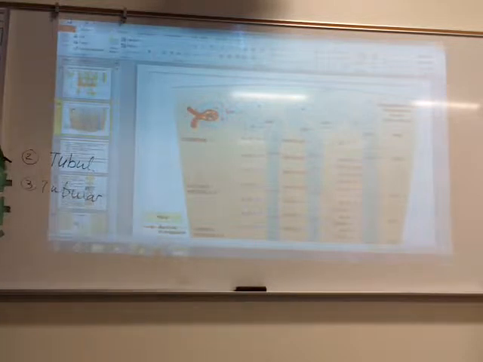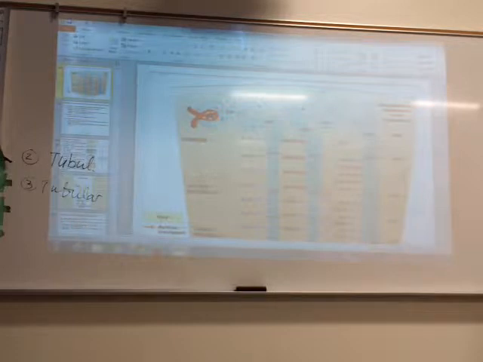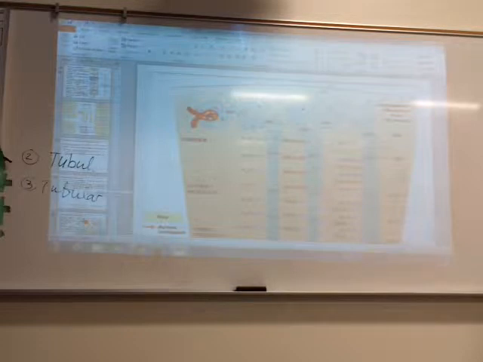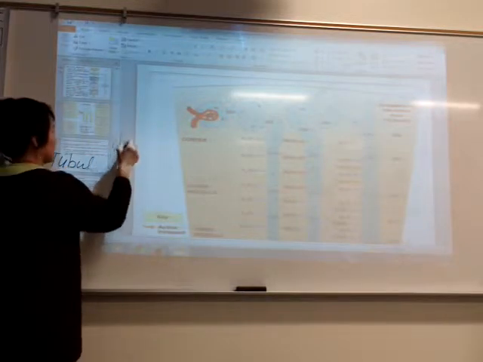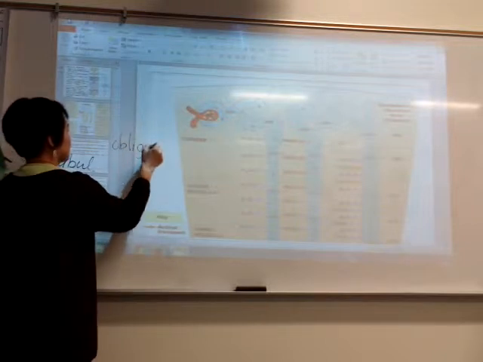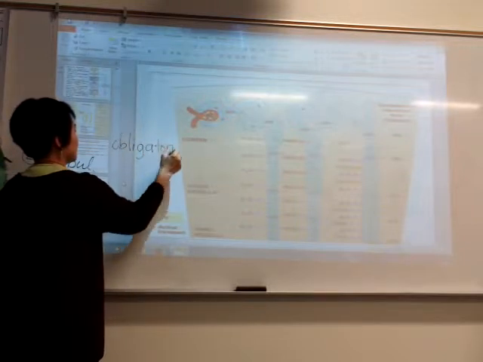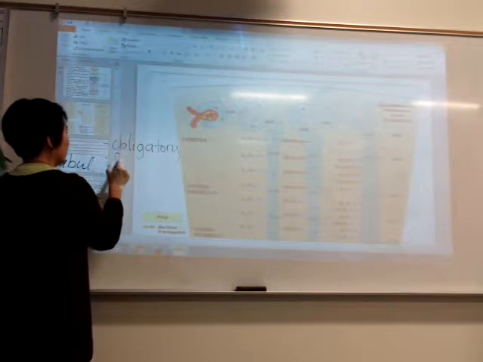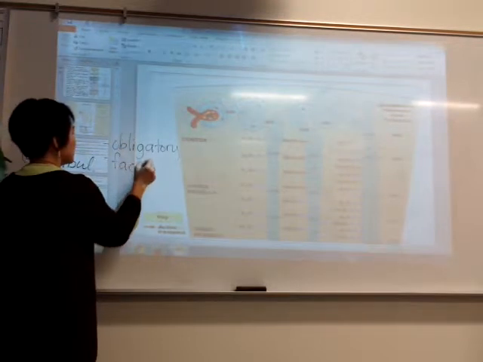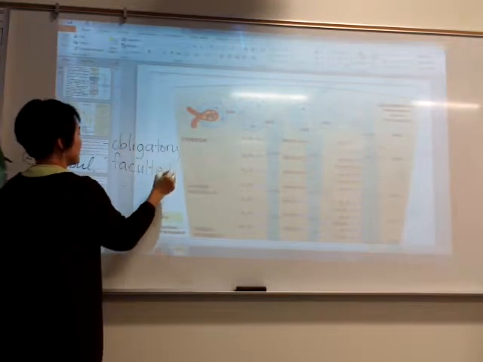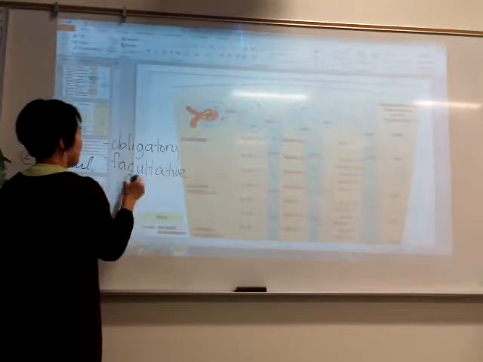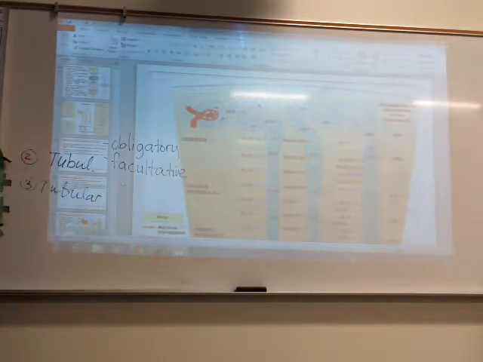As far as water is concerned, there are two types of water reabsorption. One is called obligatory water reabsorption. And the other one is facultative water reabsorption.